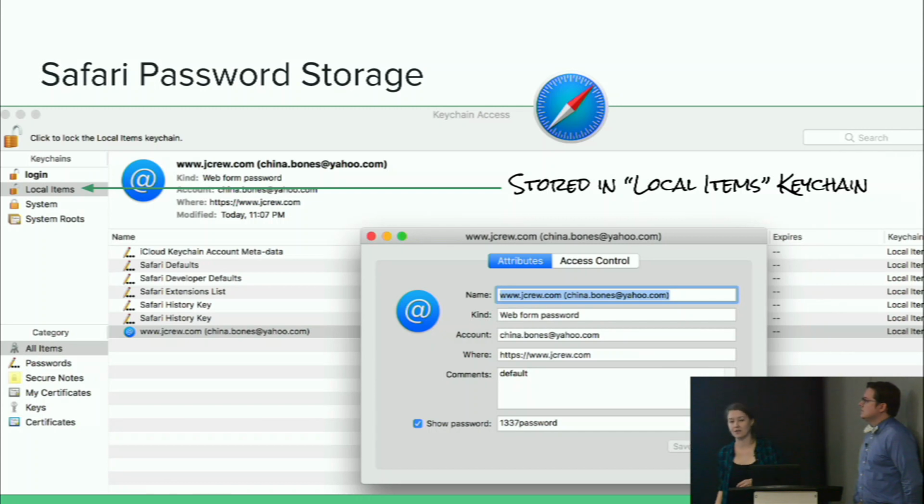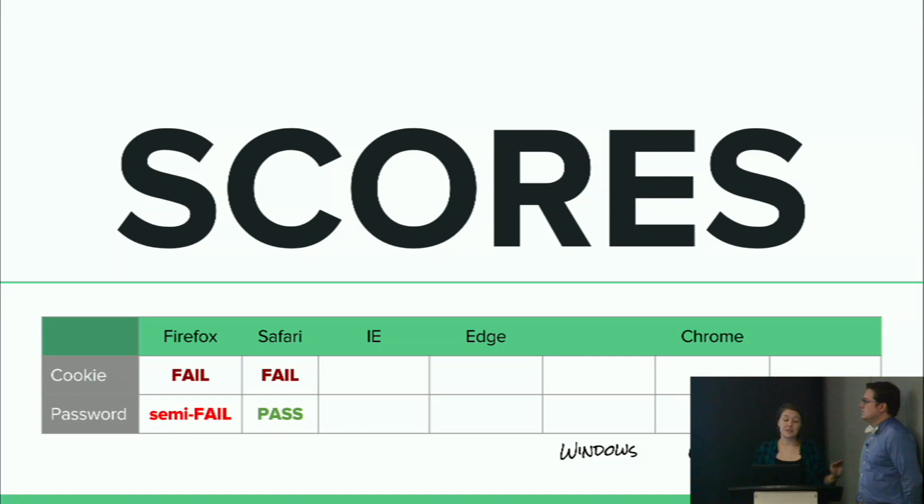So you can't just dump it through a keychain bypass. In addition to the user's password, you have to actually be able to get access to that local item. So if you only have CLI access, you're kind of screwed. So when it comes to passwords, they definitely are doing good. They have a great success rate on that, but they just epically fail with the cookies, which in the end, if you've got one or the other, it's a win.